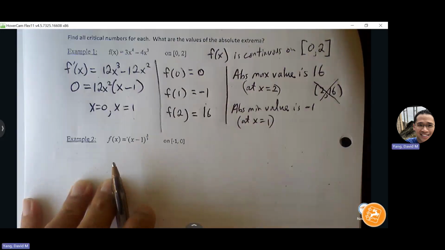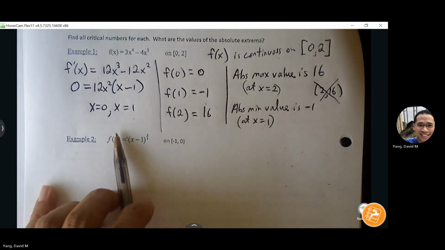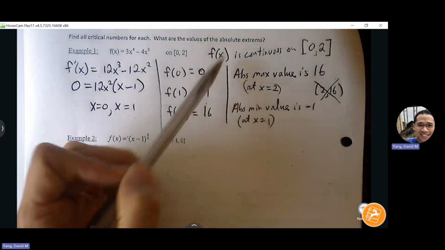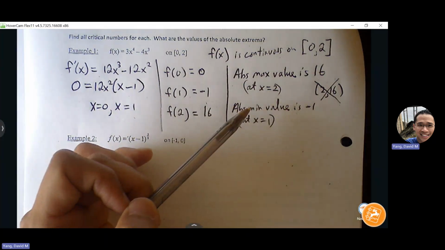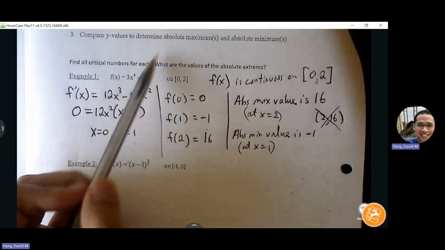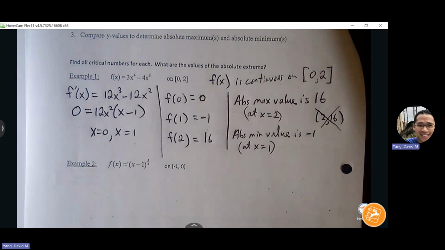All right, example 2. Now, obviously, if we could see the graph in front of us, we really don't need the extreme value theorem. We can just look at the graph and say, okay, that's the highest point, that's the lowest point. But we're using this theorem to help us gather information without the use of a graph.